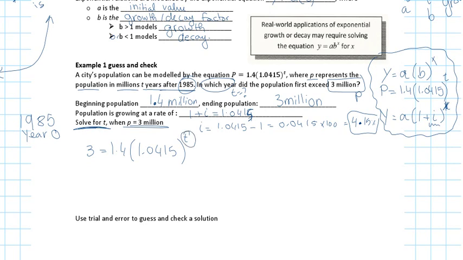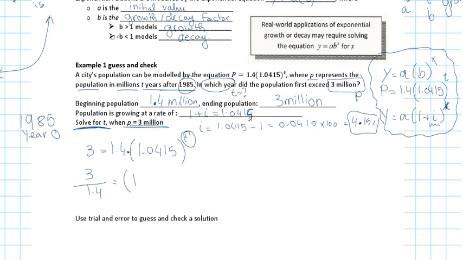This is not to the power of t. So I can't do much about this. I have 1.4 times this bracket. What do I have to do? You divide 3 by 1.4. So you're going to have to move that 1.4 over. Because this is a multiplication, when I move it over, it's going to become a division.